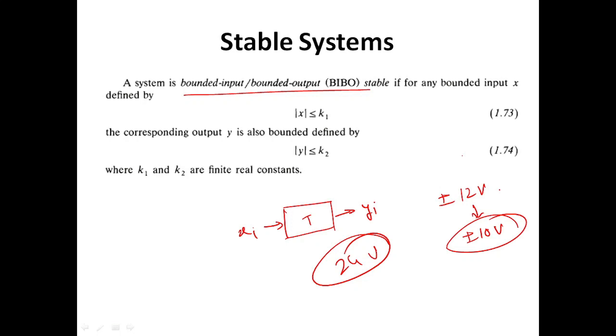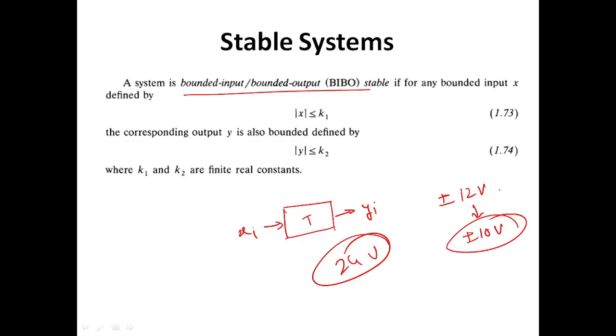So when we talk about stability, that stability has to be within a particular boundary condition which you need to set. That's why stability is defined as bounded input, bounded output, stable systems. That means if you give some finite input within the boundary conditions, you will get a finite output within the boundary conditions based on which you have designed the system.